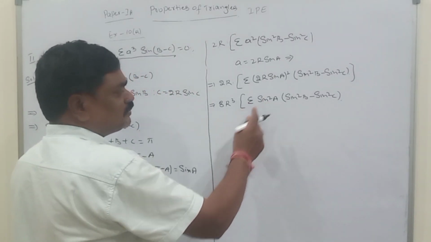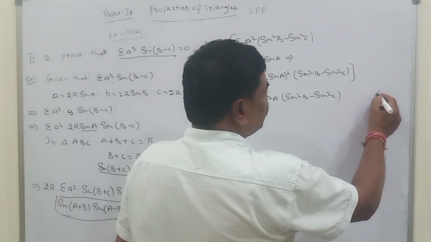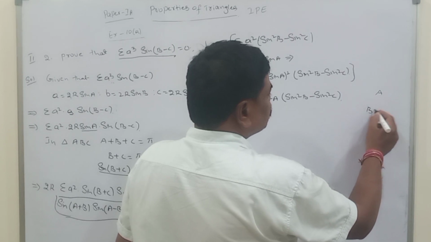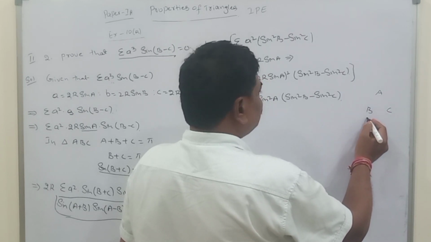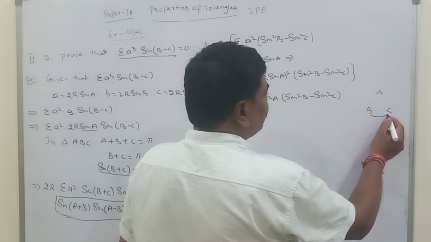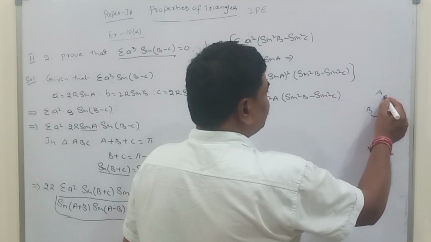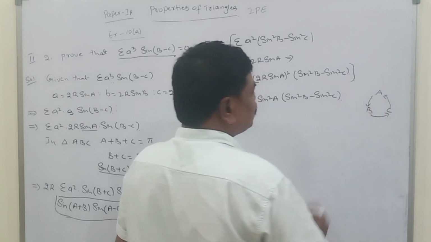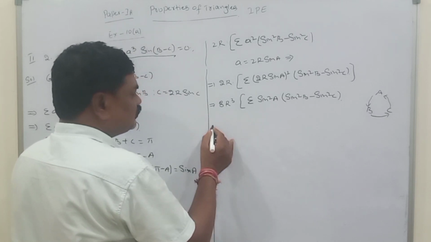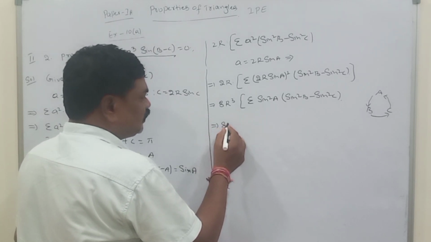Here sigma is there, over angles A, B, C. So here we have given B minus C, C minus A, A minus B like this. So this is in the form of 8R cube.